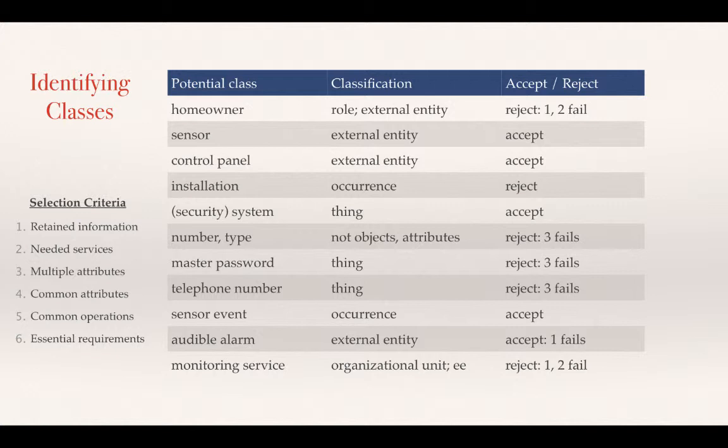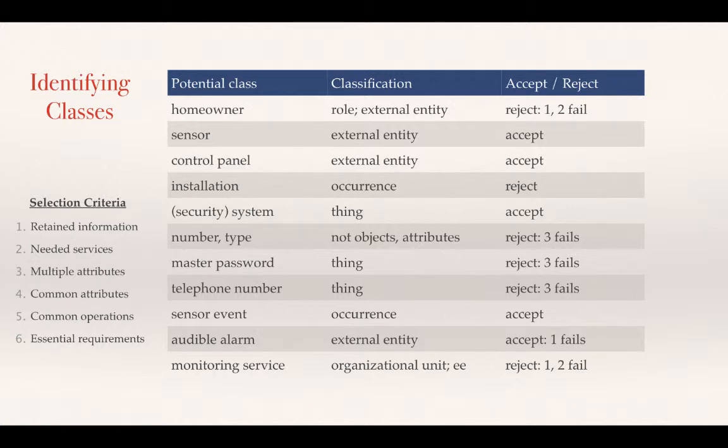What data would the homeowner hold? Name? Maybe password? Well, maybe that's true if there were several different homeowners logging on from the internet. But from the perspective of the system, there's probably just going to be one password, and anyone with that password would be considered the homeowner. So it's hard to see why you would need a homeowner class.